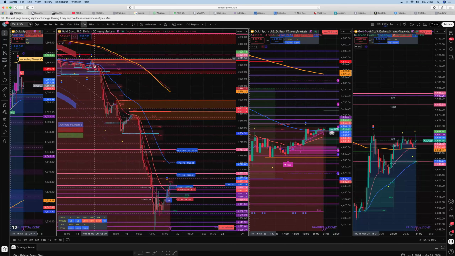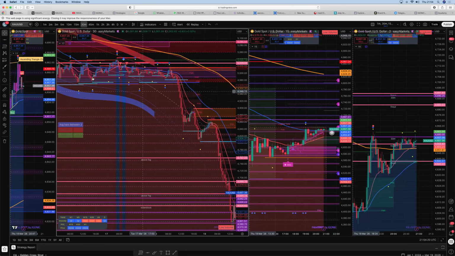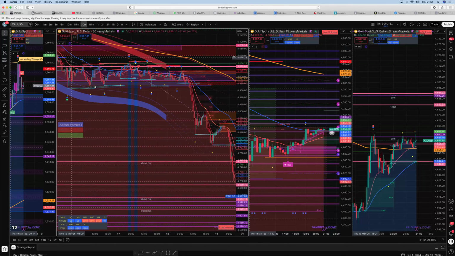So look, remember when it came out of this zone here and I said, we need to get out of this zone. We're consolidating like crazy, right? Why were we consolidating like crazy? Because the market was waiting to make a move, because look, it was producing pretty much equal highs.